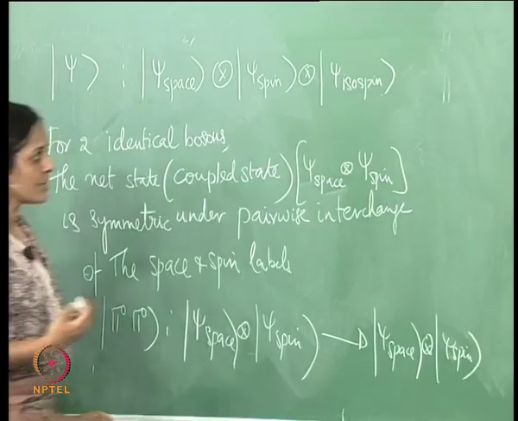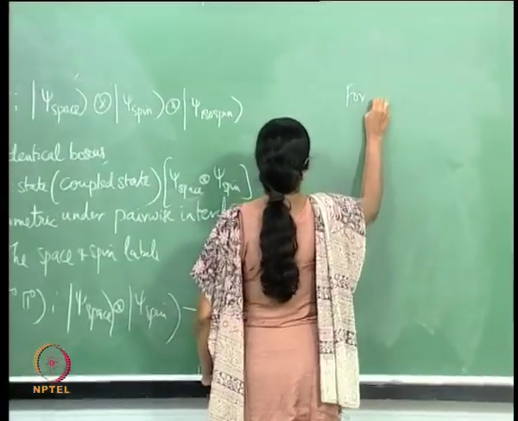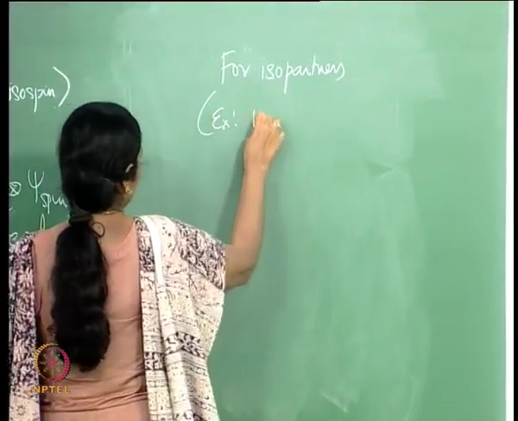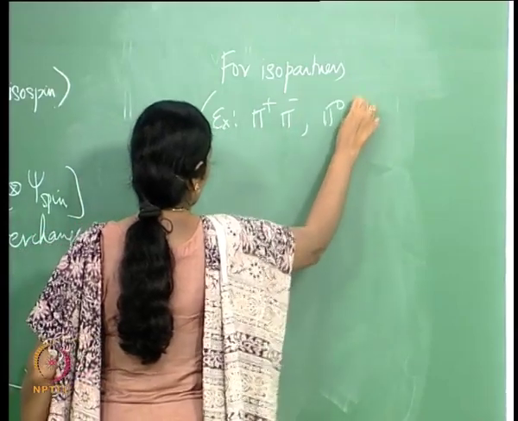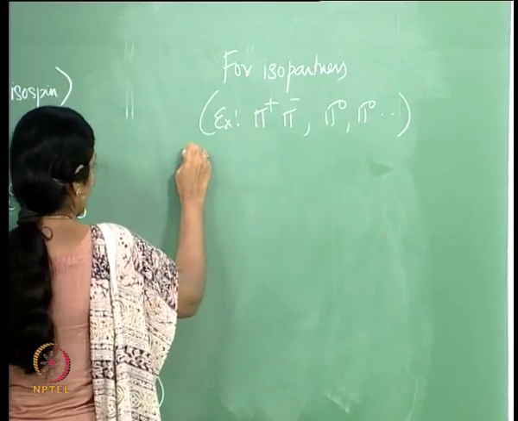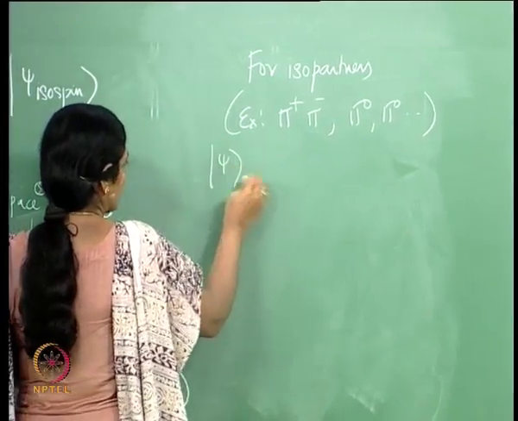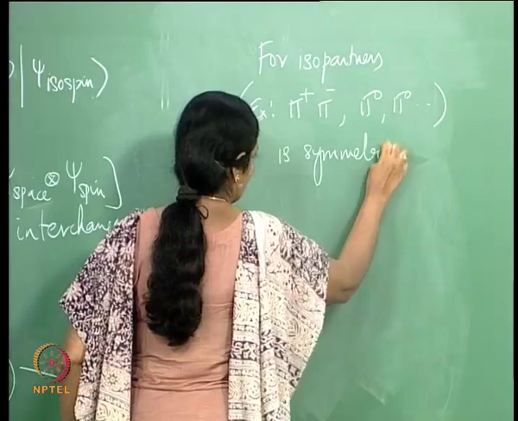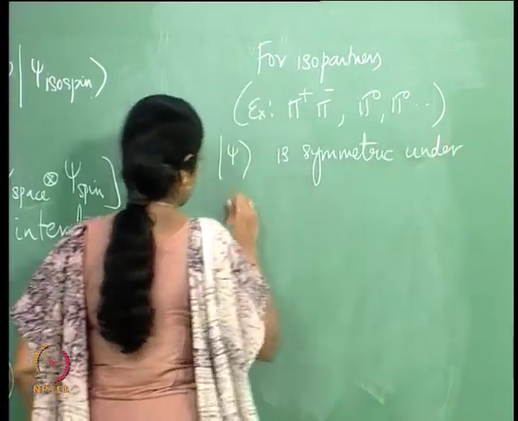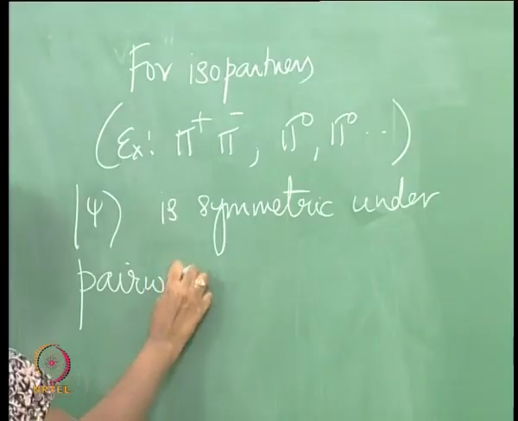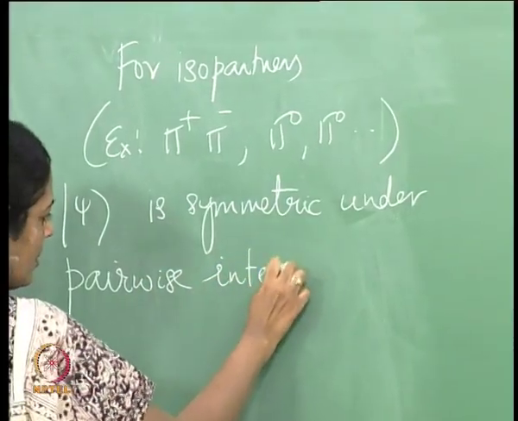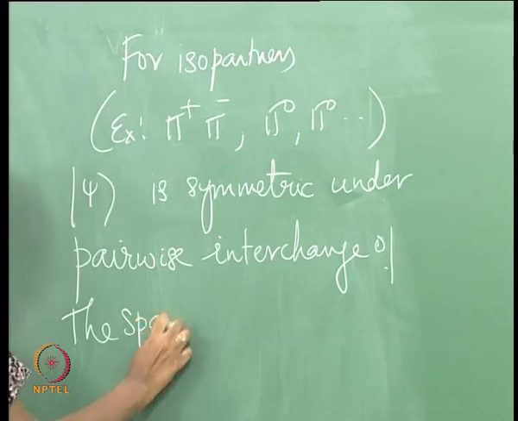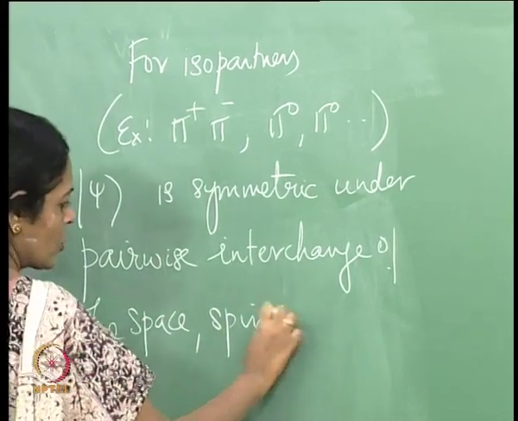Now, for isopartners, for example pi plus, pi minus, pi 0 and so on, the net state is symmetric under pairwise interchange of the space, spin and isospin labels.